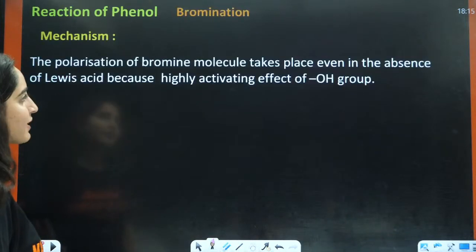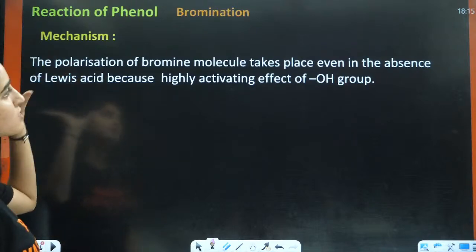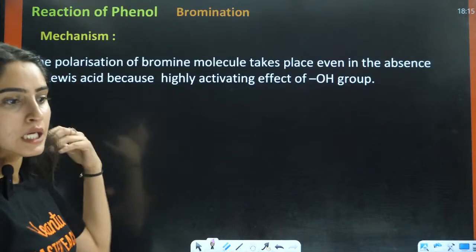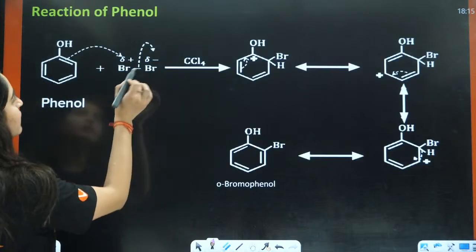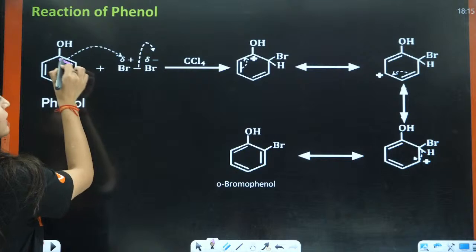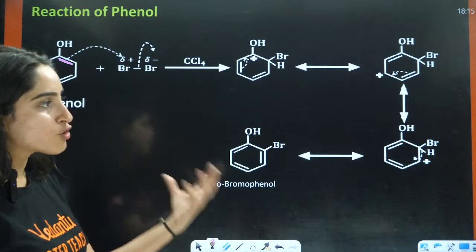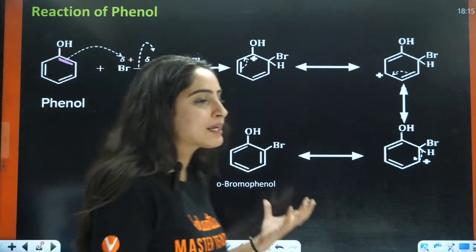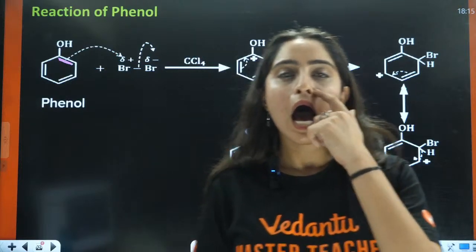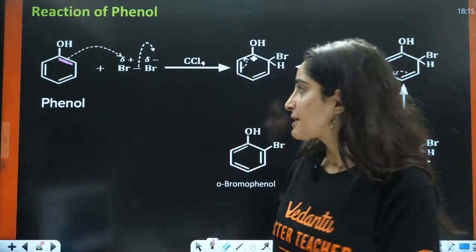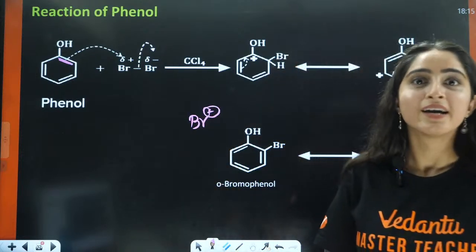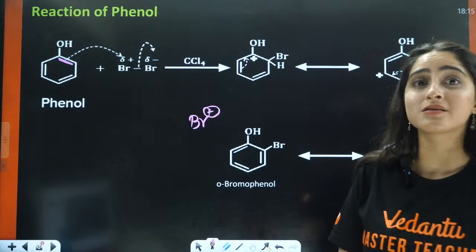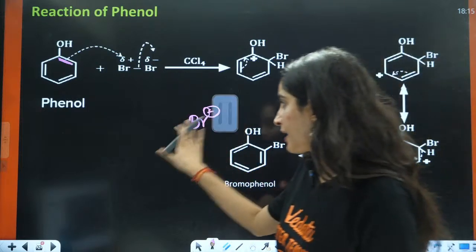Now let us see the mechanisms of these two reactions. First is the mechanism in CS2. Here you have this pi bond, and an electrophile is getting attached. All the reactions we are doing here are based on electrophiles. Here the electrophile is Br positive. That is why, as I told you, this is an electrophilic substitution reaction.